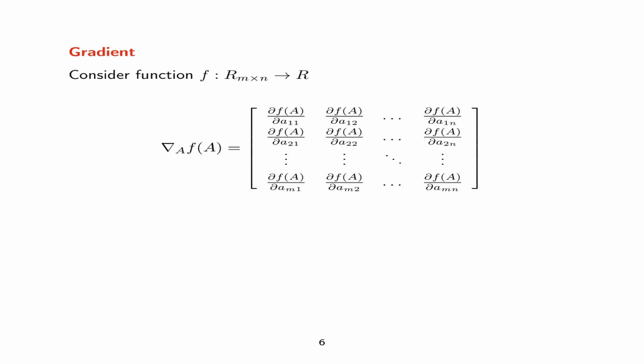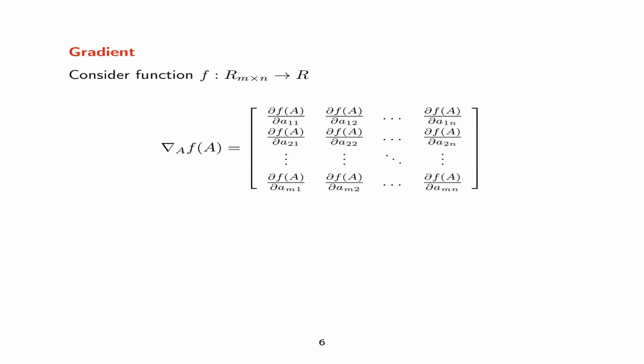For technical reasons, I will think of functions not only as functions that turn a vector into a number, but I will generalize this to any function that takes a matrix and turns it into a number, which is actually the same thing. If I take a function that takes a matrix of some values, it's the same linear combination.